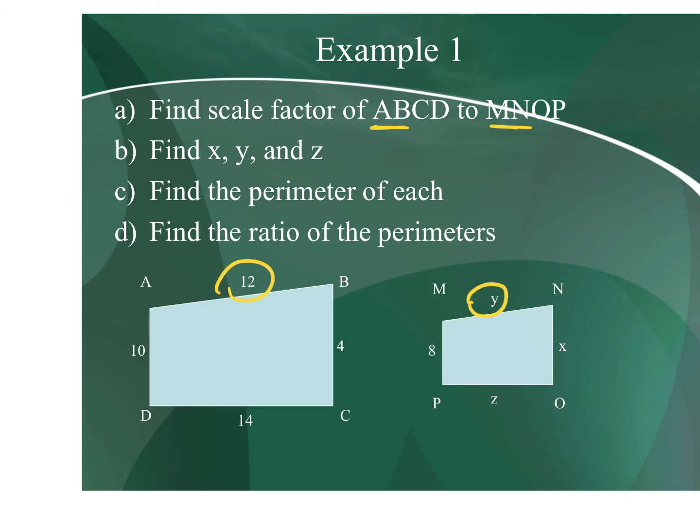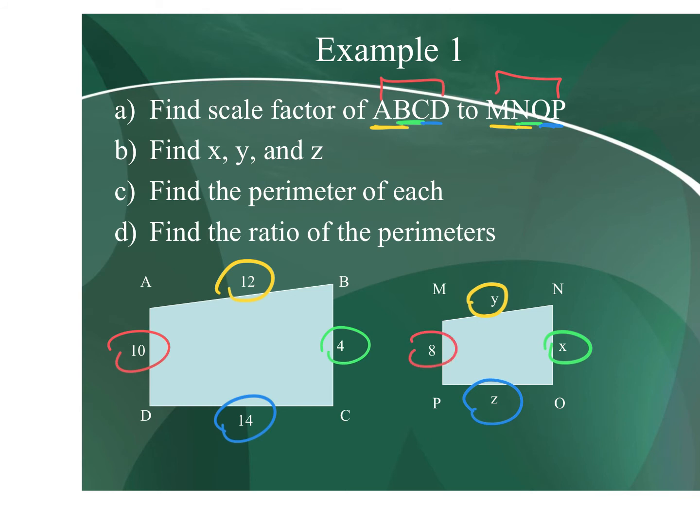And then I could go back here, and then BC is going to match with NO. And then I can go back and grab CD, the last 2, and put it with the last 2 here. And then lastly, I can go from beginning to end and 10 with the 8.